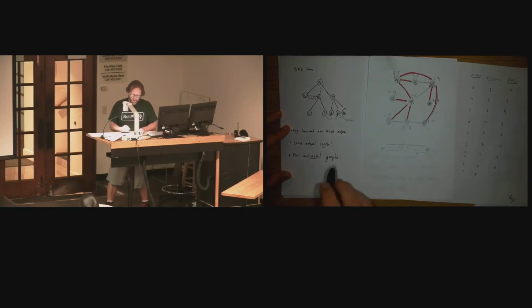For an undirected graph, the BFS tree provides the single source shortest path. In other words, from your start vertex to all other vertices.